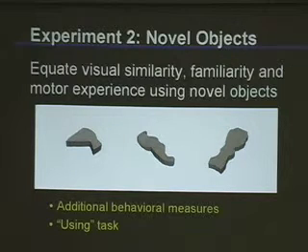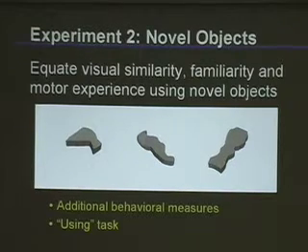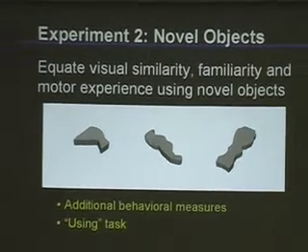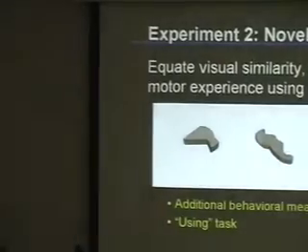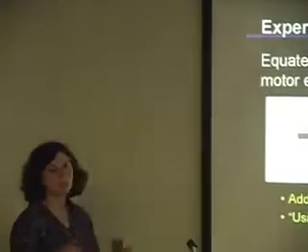So we created 16 wooden objects. These are a couple of examples. And then we scanned them with a scanner and scanned the texture and modeled them so that we could present models of these different objects visually in the scanner. So it's, again, just projected on a screen. So now we had the real wooden objects that they could interact with, and we had the visual objects that we could present to them quickly in the scanner.